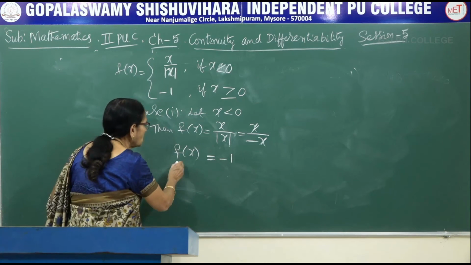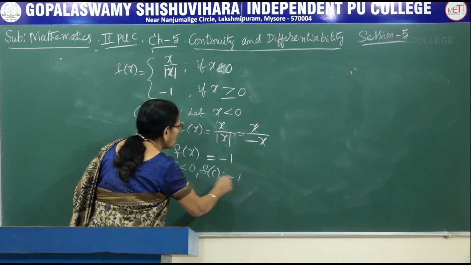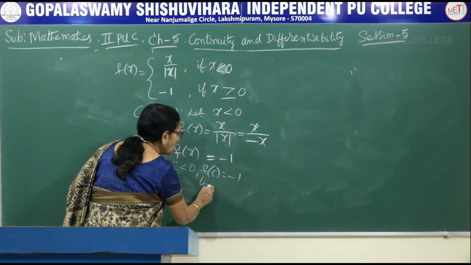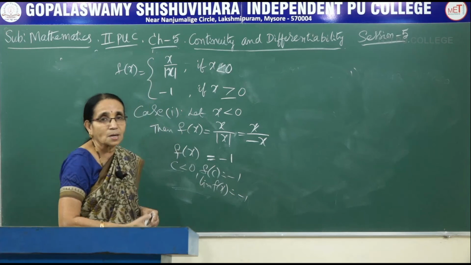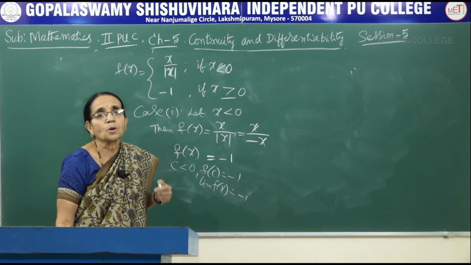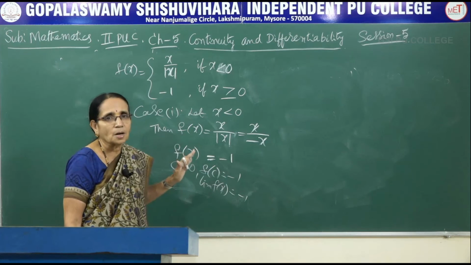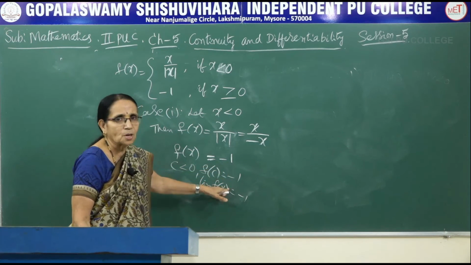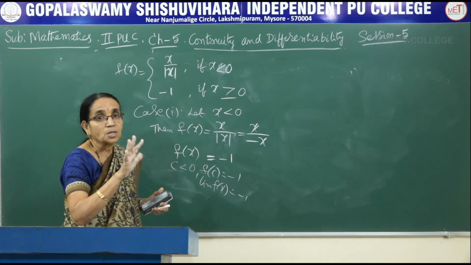Suppose you take a c less than 0, then f of c is minus 1. And what is the limit here? Limit of f of x is also equal to minus 1 because there is no variable at all, it is a constant. So how do you conclude that? We can say that the function is continuous because it is a constant function. In first year PUC, you have studied about the nature of the function.